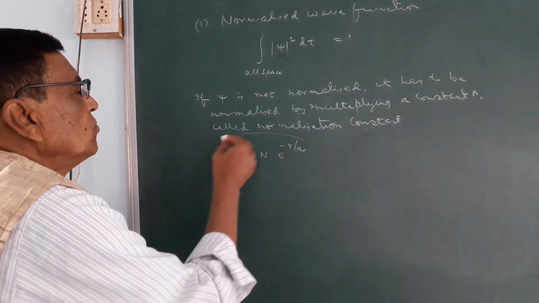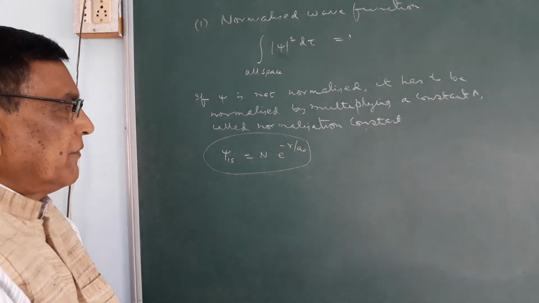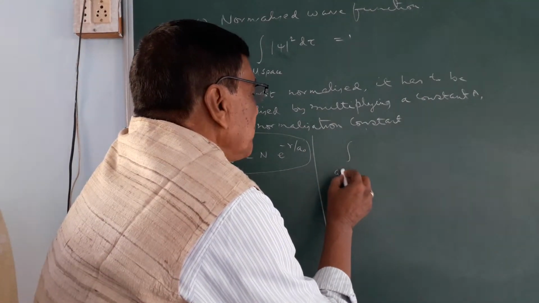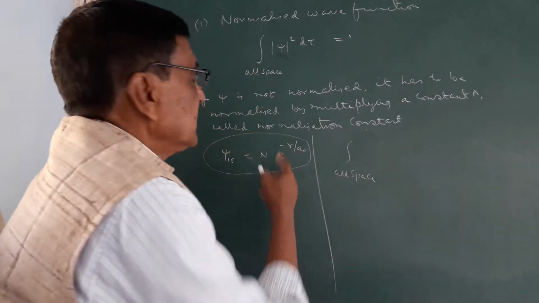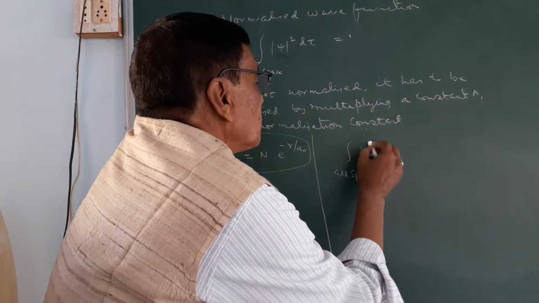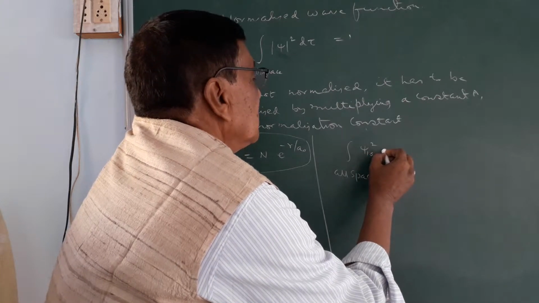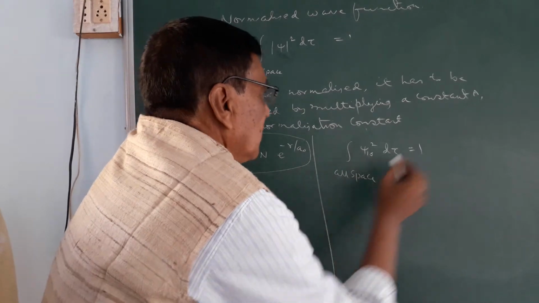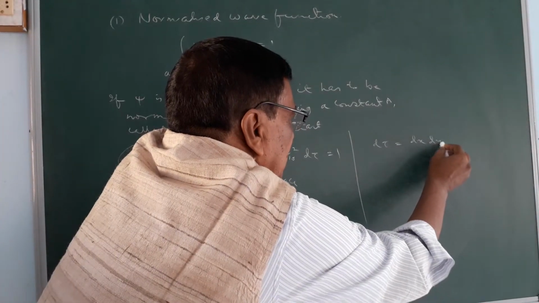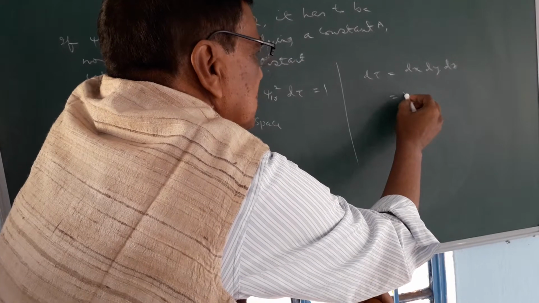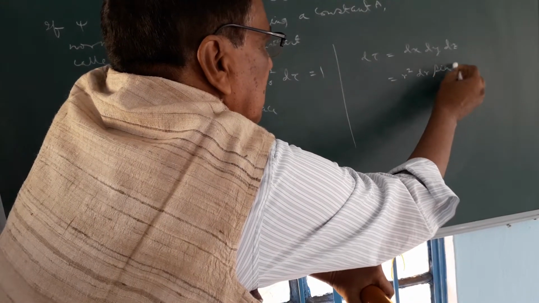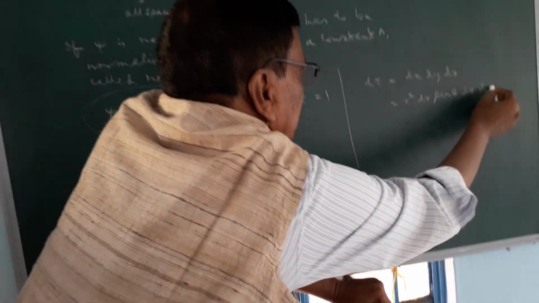If we like to find the value of N, then it will be the integral over all space of psi 1s squared d tau equal to 1. The electron is moving in 3D space, so all space, and d tau equals dx dy dz, a small volume element which in polar coordinates is r squared dr sine theta d theta d phi.